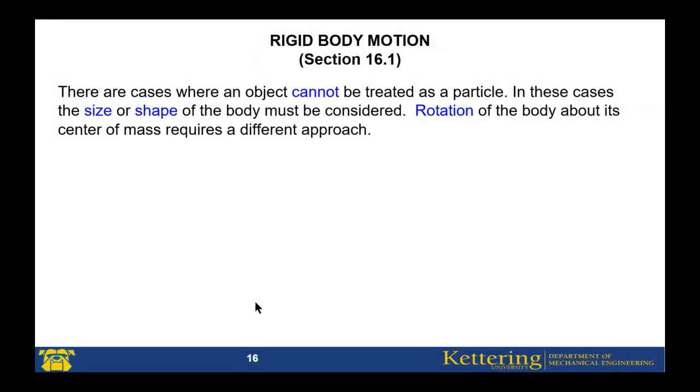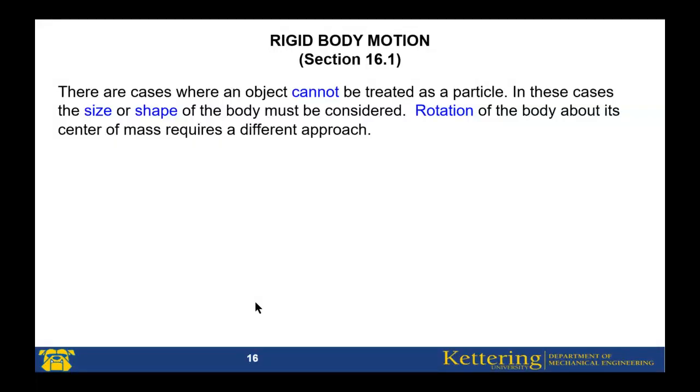You never heard from me an explanation about the rotation of a particle, because the particle doesn't have size if it's rotating. How can we find the forces or those things? But here, because this rigid body has size and shape, we will consider the rotation.